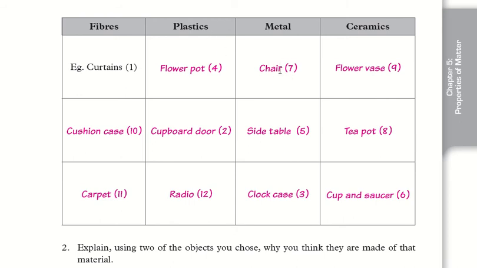You can have a metal chair or you can have a plastic chair. Flower pot, you can have a plastic flower pot, you can have a ceramic flower pot. And for flower vase also, it can be under ceramic or under plastic. Cupboard door also, this can be under plastic or under metal.